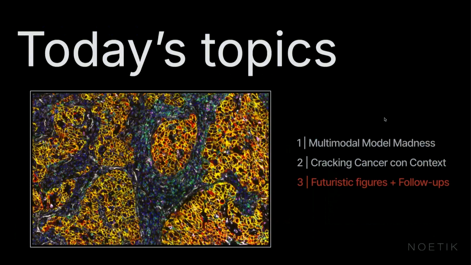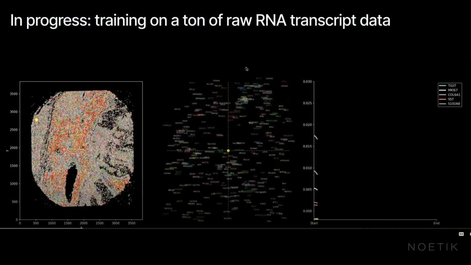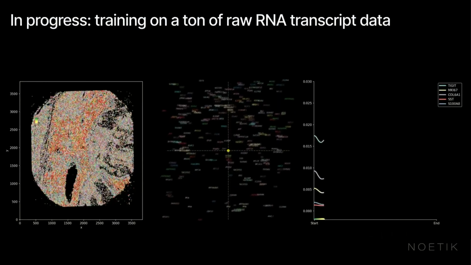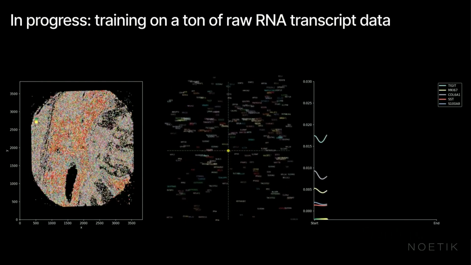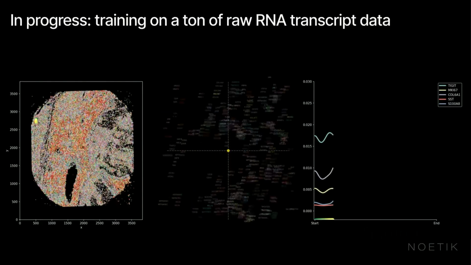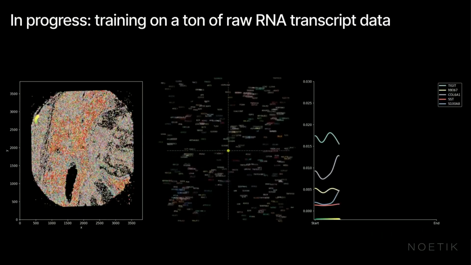Okay, I just have a couple more slides, and then it looks like we'll have a bit of time for further questions. One thing that we're moving toward doing, if you'll excuse the chaotic animation here, is instead of trying to assign these RNA detections to cells, we're going straight to the raw data and seeing what we can do with that point cloud of 10 million points that my computer choked on earlier.